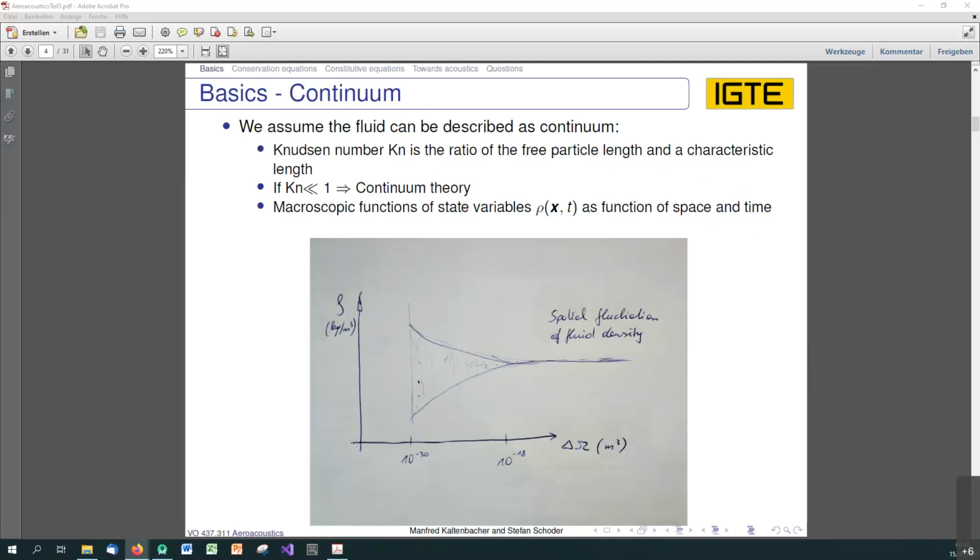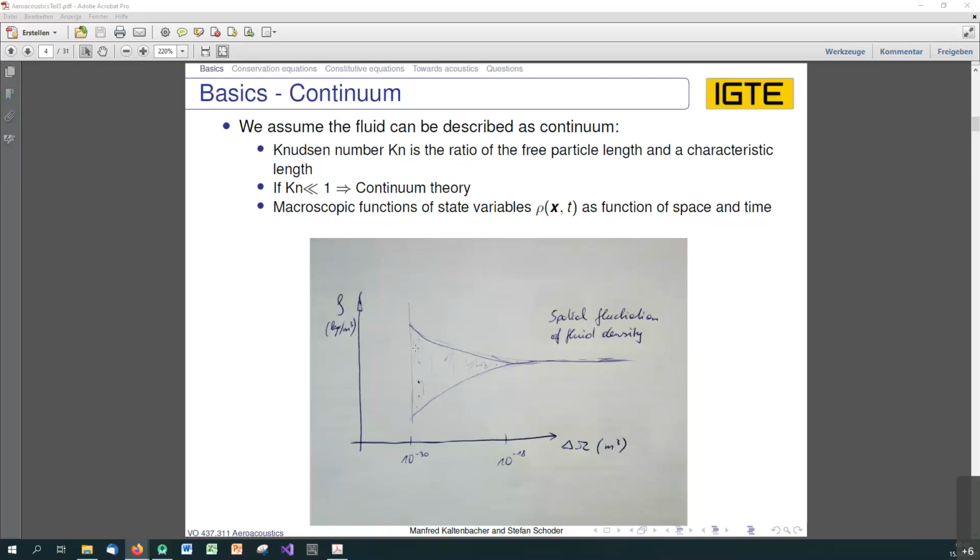As you see here in this graph, on the y-axis is the density, and on the x-axis more or less the cube or the volume you are looking into. If the cube is very small, there is either a particle or not. And if there is a particle, the density is probably high.